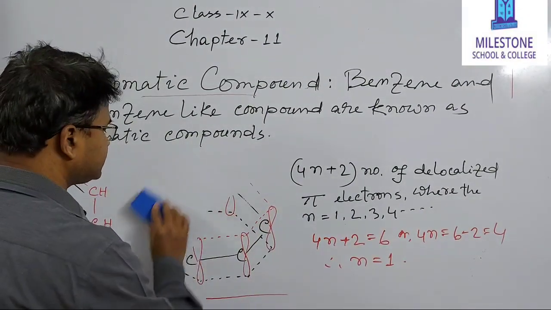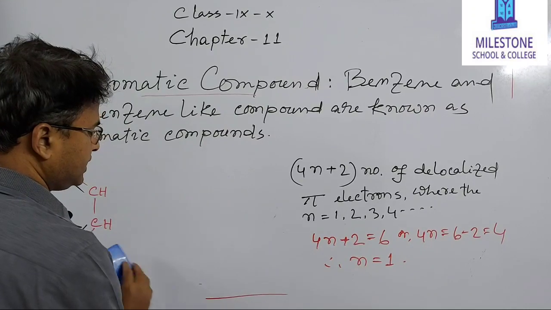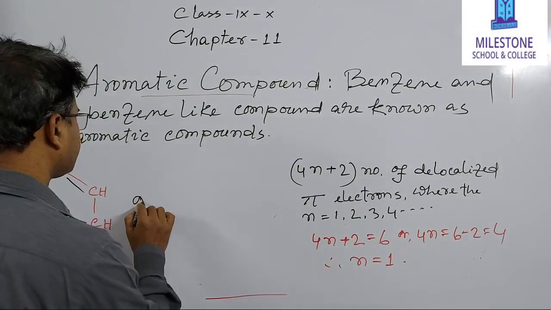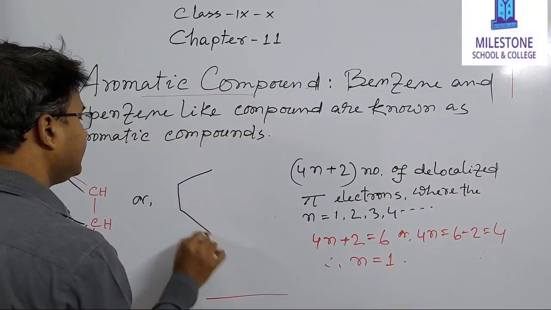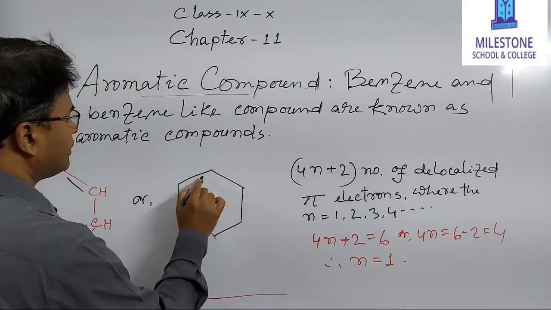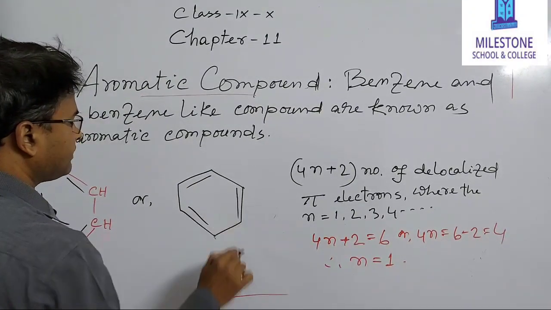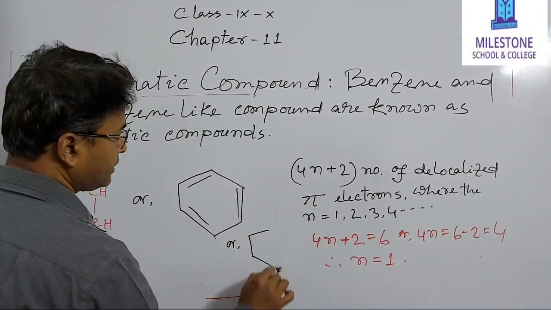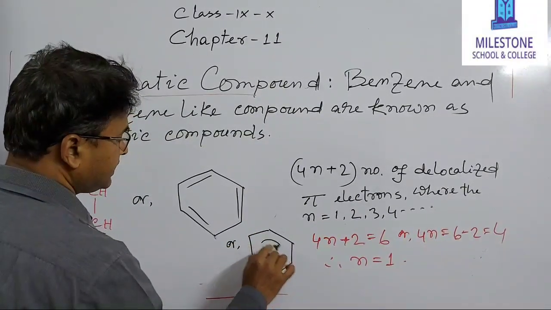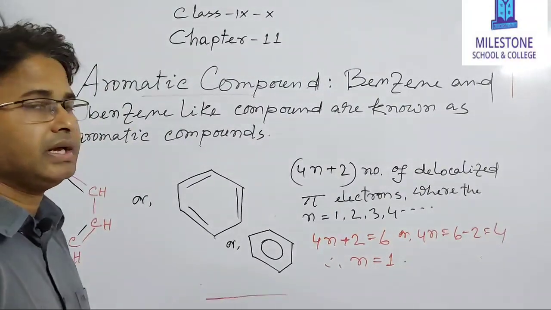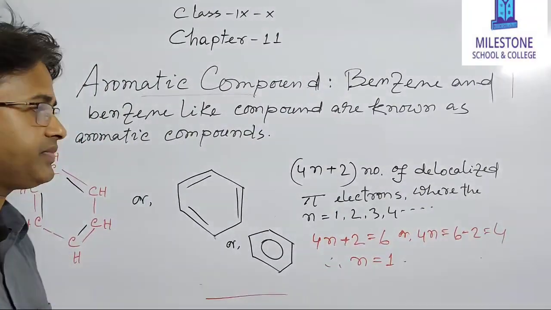Dear students, the formula of benzene also can be written as just a hexagonal sign, and you may write the alternative carbon-carbon double bonds like this, or you can give a circle sign in the inner side of the hexagonal shape, then it will be the formula of benzene.